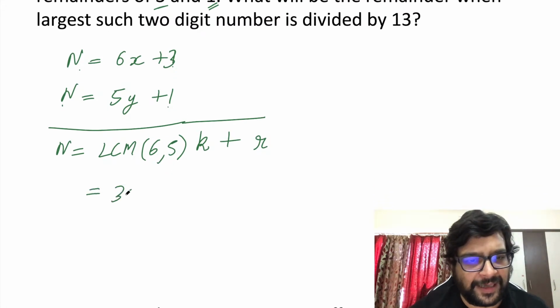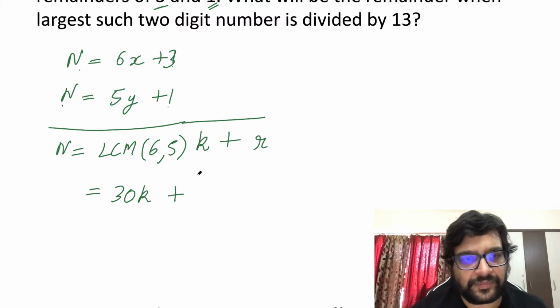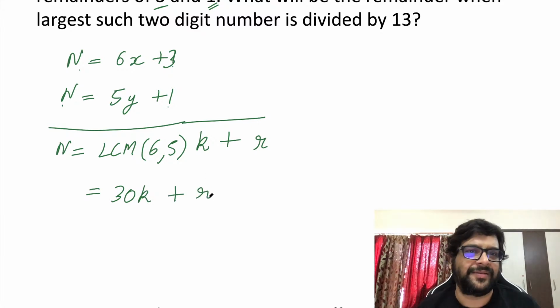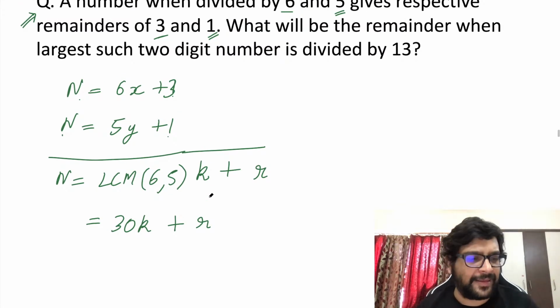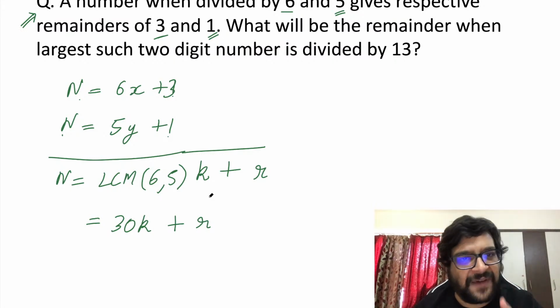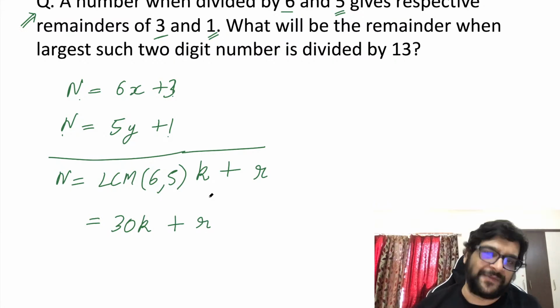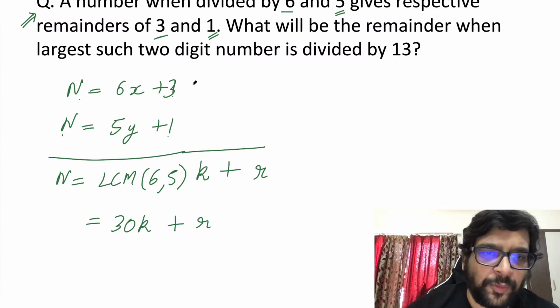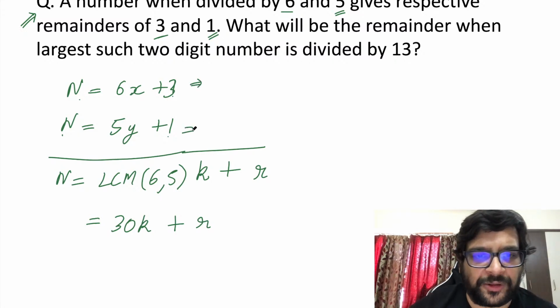So n is 30k plus r, where r is the value which satisfies both of these conditions. So what are the numbers which satisfy both of these conditions?